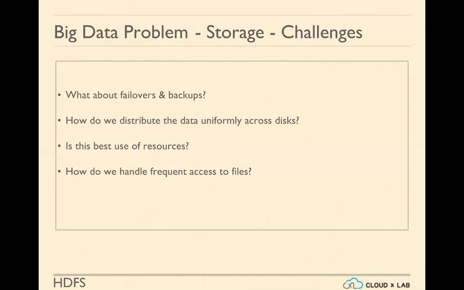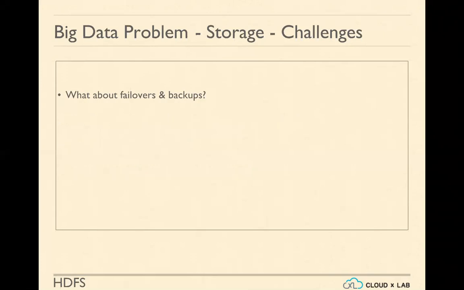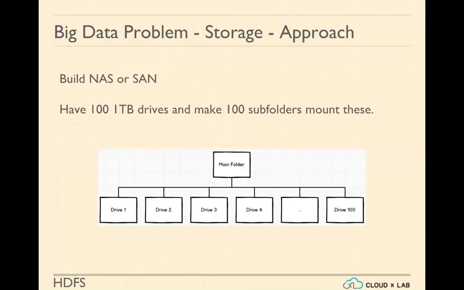Most of the people would like to watch that movie, meaning there is a single file that needs to be accessed. Let's say that file exists on drive one and all the people want to access that particular file.